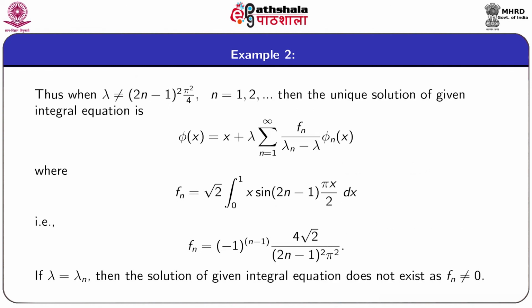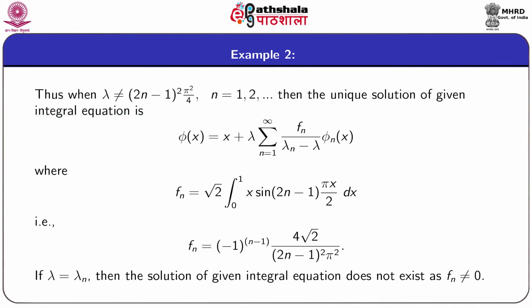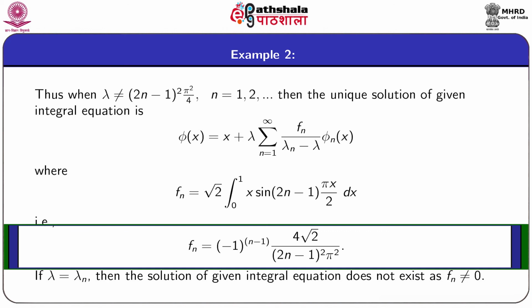Thus, when lambda is not equal to lambda_n, that is (2n minus 1) squared pi squared by 4, we obtain the unique solution of the given integral equation as phi(x) equal to x plus lambda summation n equal to 1 to infinity f_n divided by (lambda_n minus lambda) into phi_n(x), from the Hilbert-Smith theorem, where f_n is equal to root 2 integral 0 to 1 of x sin((2n minus 1) pi x by 2) dx, which can be evaluated as f_n equal to (minus 1) to the power n minus 1 times 4 root 2 divided by (2n minus 1) squared pi squared.